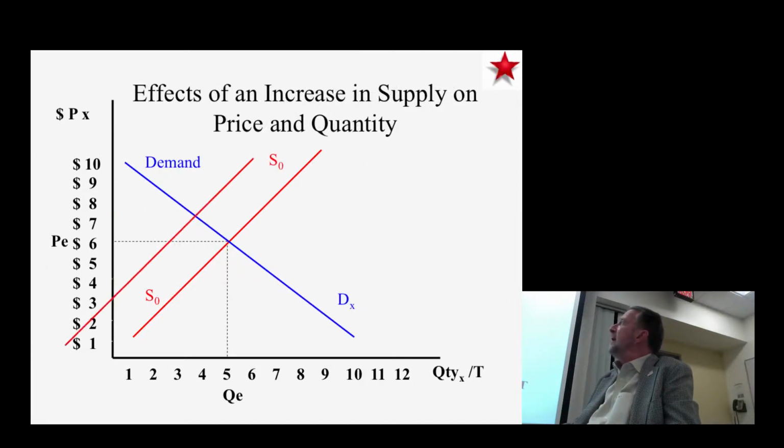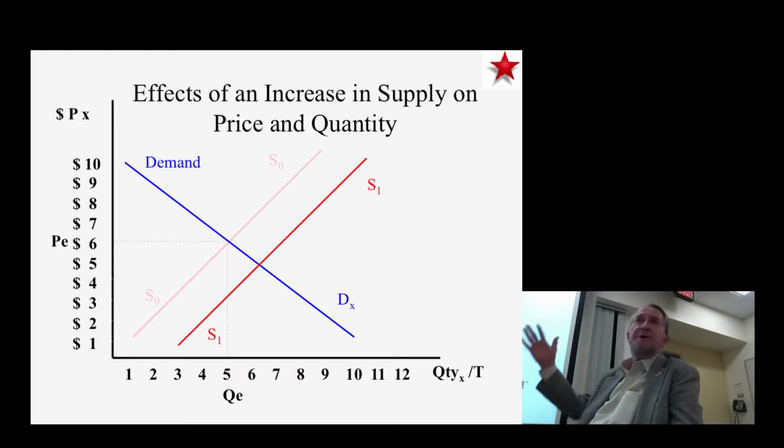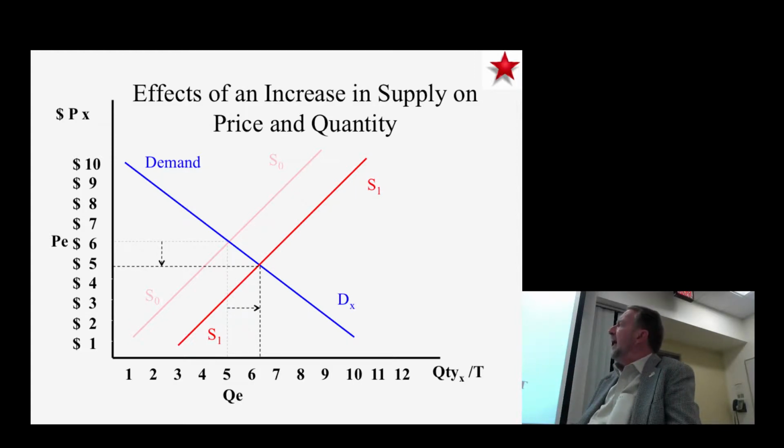If you increase the supply curve, again, it's always a rightward shift. That would mean sellers are now willing to sell larger amounts at each particular price. And as a consequence, the price would fall because there's more being supplied now at each price, and the quantity would increase in that way.